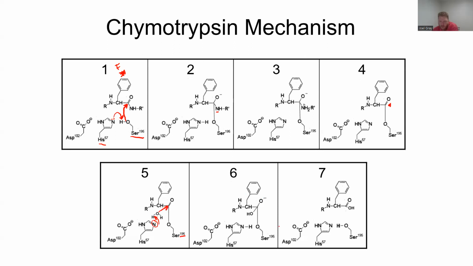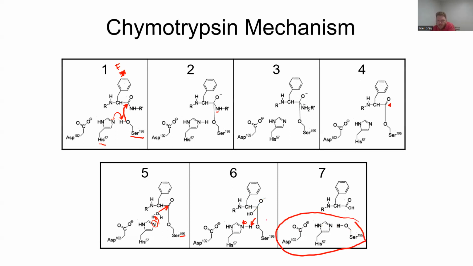And then what we have is a covalent bond between our serine and our recently cleaved peptide. We have a hydrogen that we can now lose as a proton that serine can pick up and return to its original state.